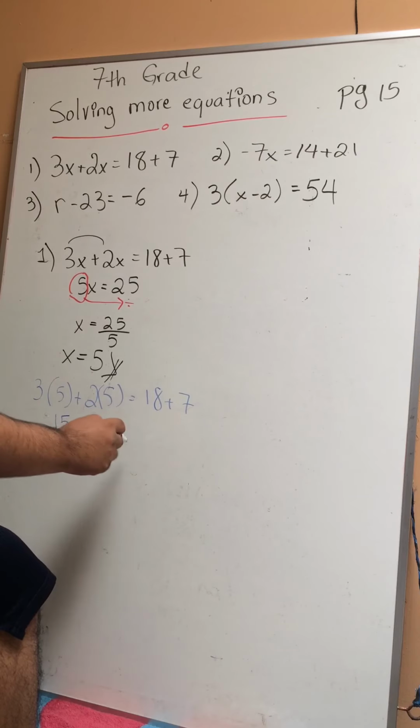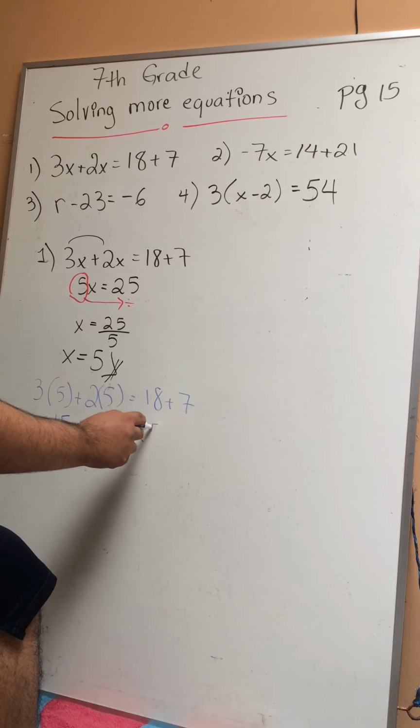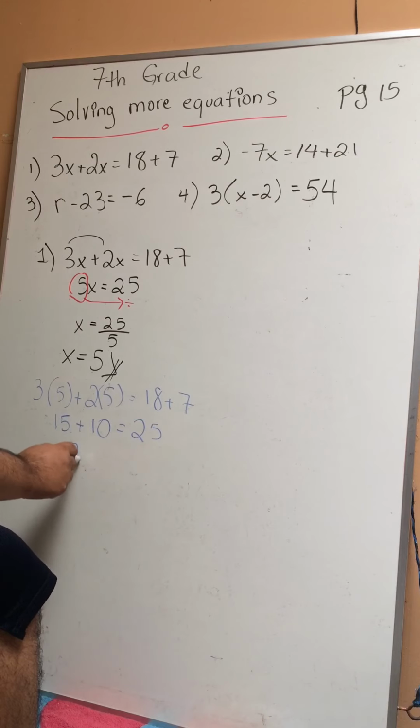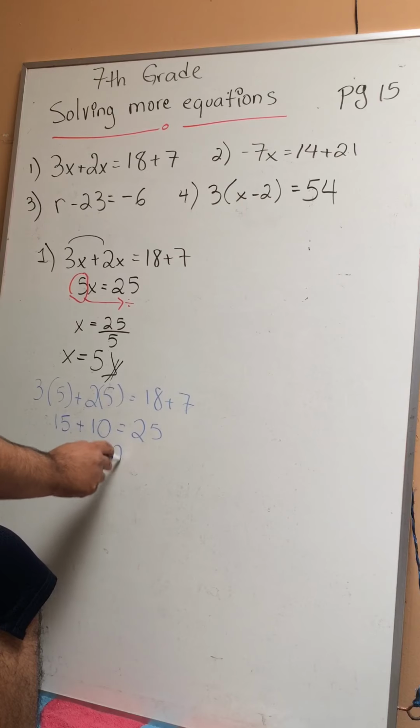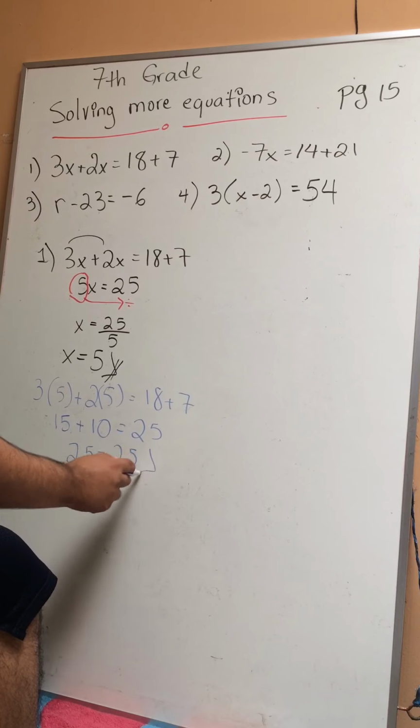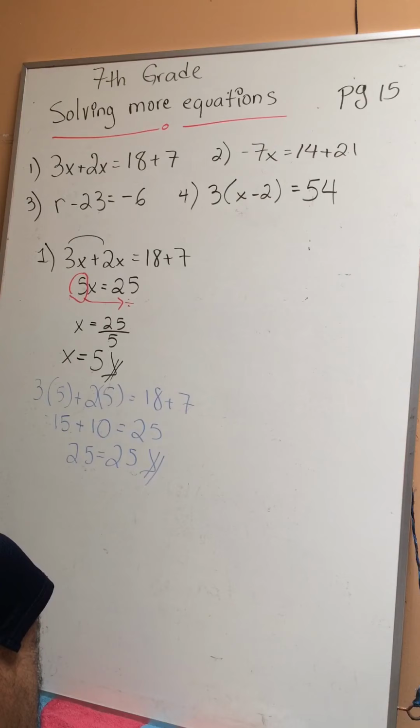And we know that 18 plus 7 is 25. So 25 equals 25. That's how we know that our equation is correct.